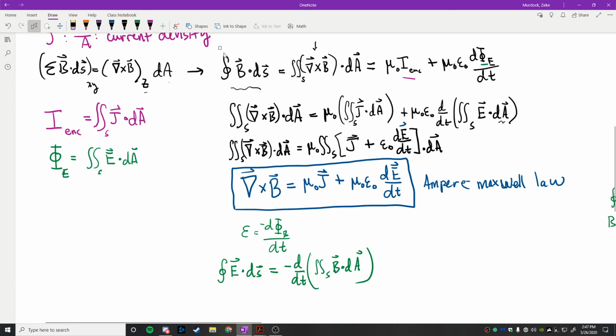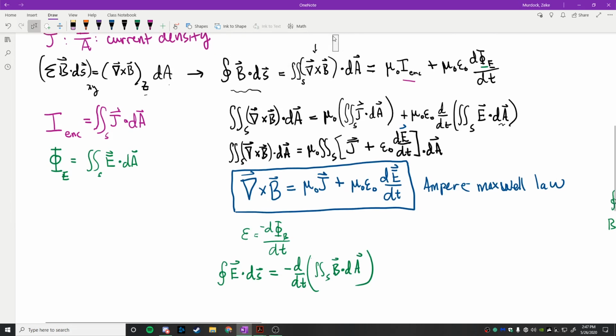Because this represents circulation of the field, the line integral, and this represents circulation per unit area. This is really similar to when we say density equals mass per volume. If I know the density and I take density times volume, I get mass. This is like circulation per unit area, multiplied by area.